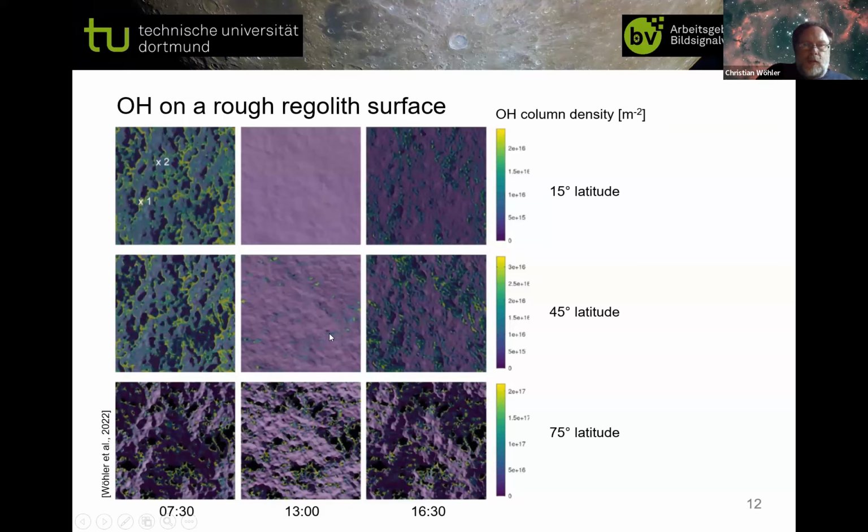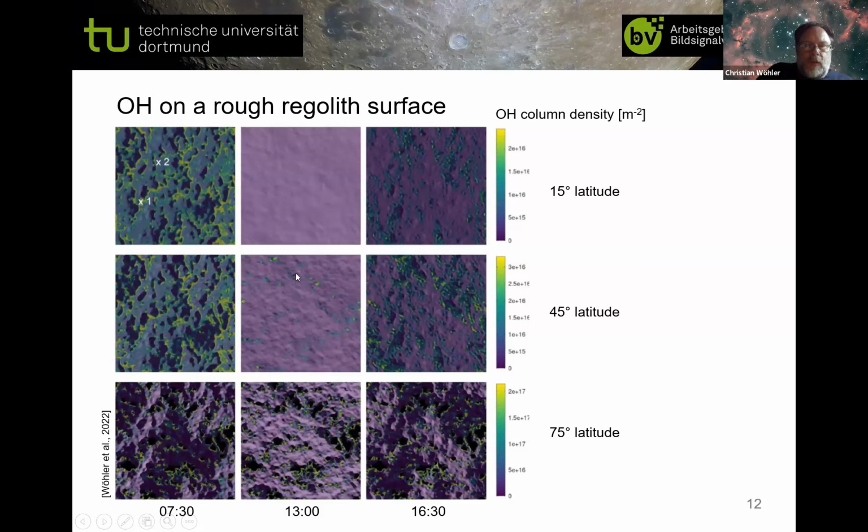The finding is that the hydration, not surprisingly, is always strongest around such permanently shaded areas, just because the surface is on average coolest around them. That is, at 45 degrees latitude, there are some high OH concentrations in segments of the surface that are tilted away from the sun.